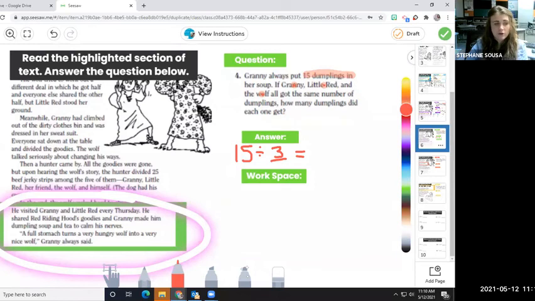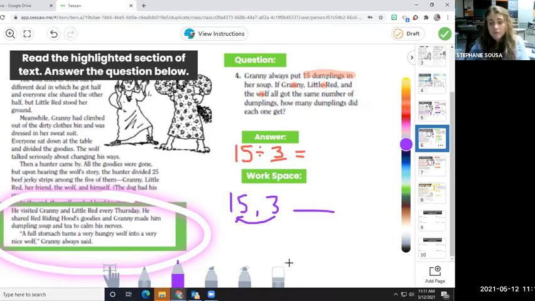All right, so now we're going to create a workspace. So let's do it this way this time, since Levin asked a great question, and I want to show you multiple ways. 15 divided by 3. I know that 15 and 3 are in a fact family with a missing number. What number is missing is our question. I know that multiplication is the opposite of division. So I can count by 3s until I get to 15.